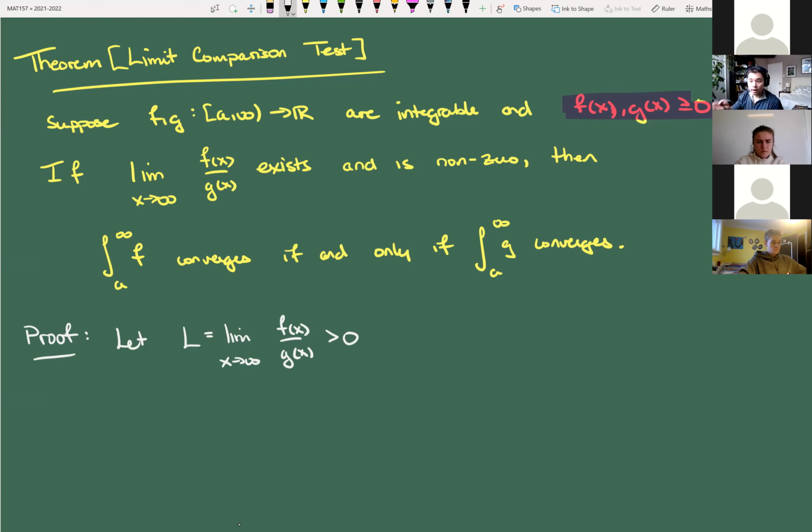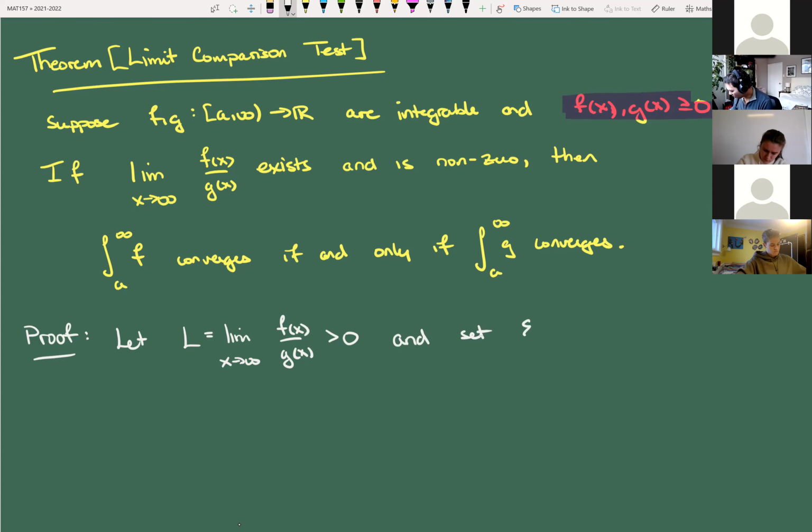Okay, so now let's let epsilon be equal to L over 2, which we can do because we know that number is positive. And then let's go far enough into the positive real numbers to guarantee that our two functions, f and g, always live within that little epsilon band.